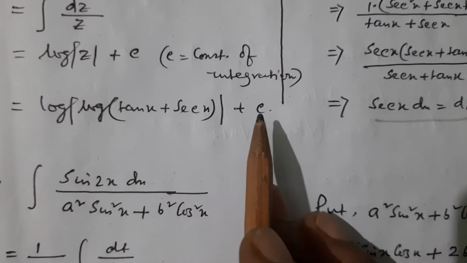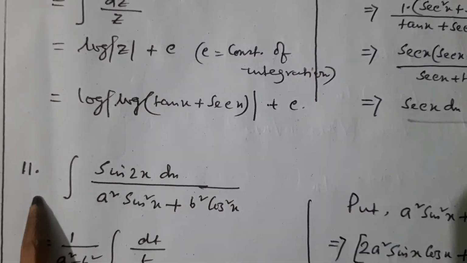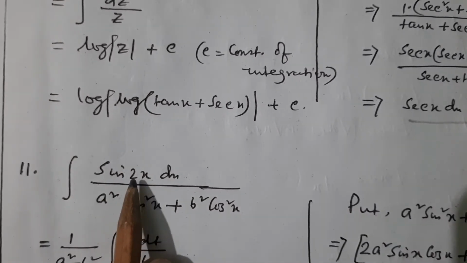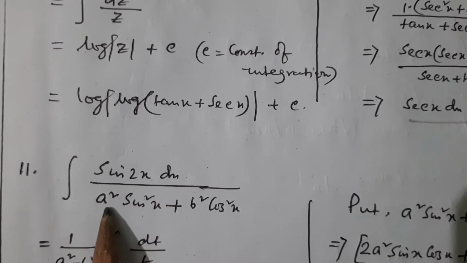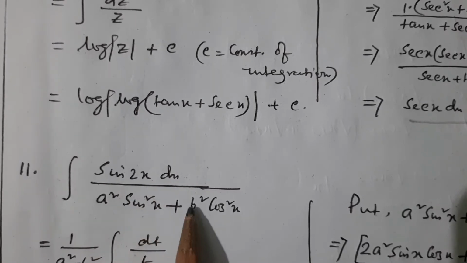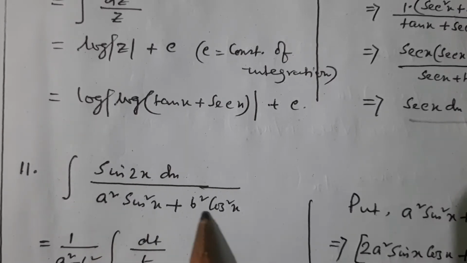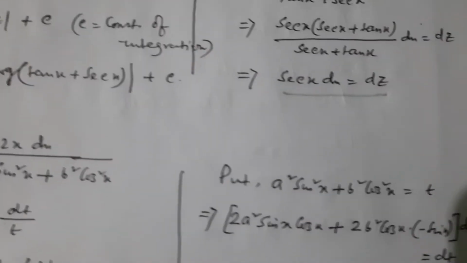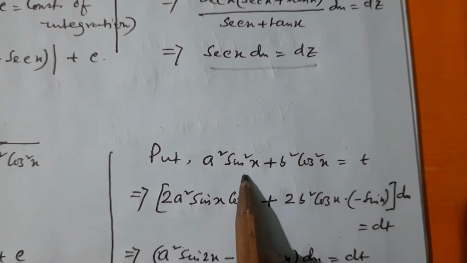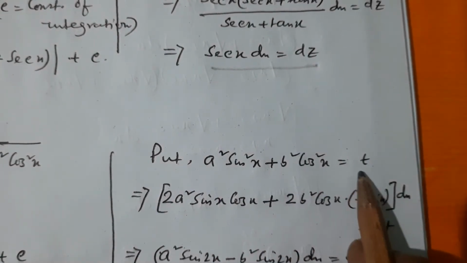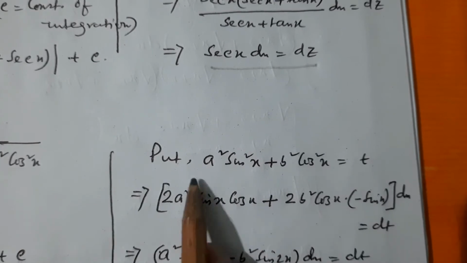Next, question number 11. Integration of sin 2x dx by a square sin square x plus b square cos square x. Put a square sin square x plus b square cos square x equals t. So we differentiate.